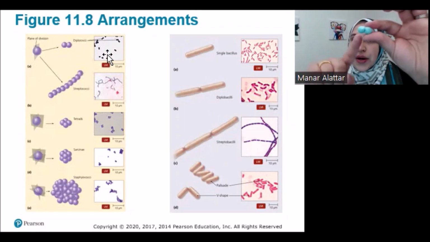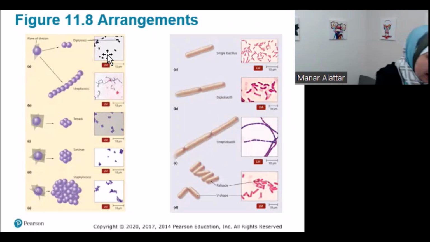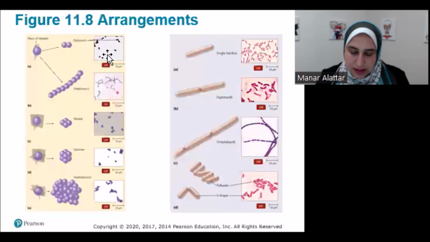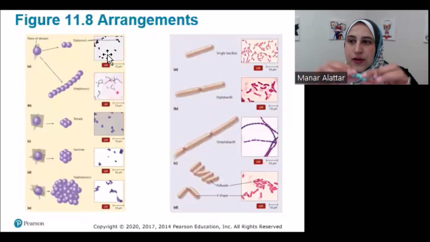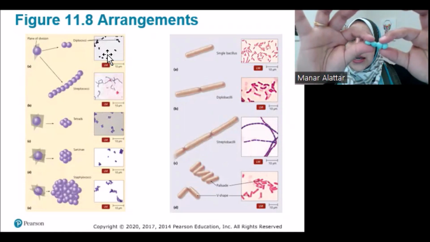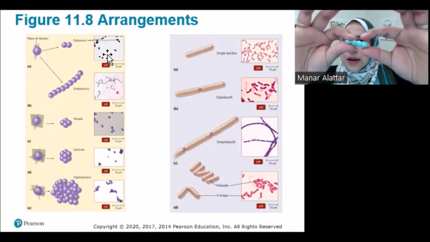And then if each one of these continues to divide along that same plane, just one single plane that is consistent, then we'll continue to have this single file chain of adjacent cells, okay?